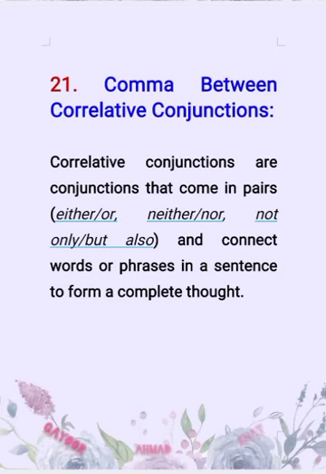21. Use of comma between correlative conjunctions. Dear friends, correlative conjunctions are conjunctions that come in pairs. For example, either-or, neither-nor, not only-but also. These connect words or phrases in a sentence to form a complete thought.